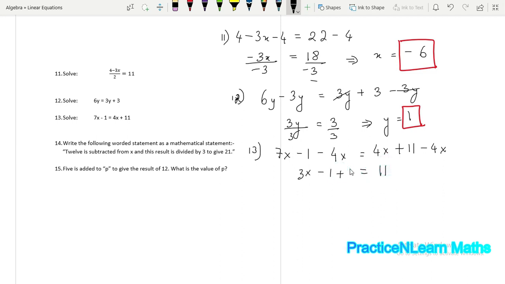We add 1 to both sides. We get 3x is equal to 12. Now we divide both sides by 3, which gives us x is equal to 4.